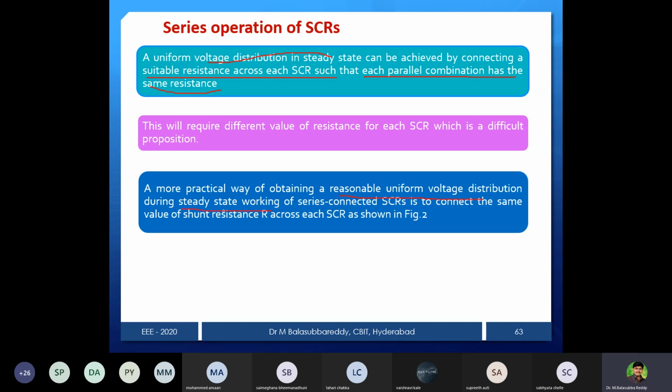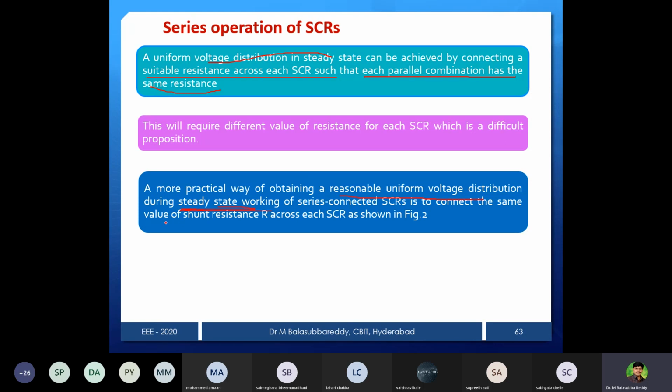This is the point you need to remember: steady state condition, not during the off condition. It is only during conduction operation, meaning steady state operation. During turn-off we call it the dynamic case. We need to take care of that further on, but at the moment we are discussing only the steady state condition.